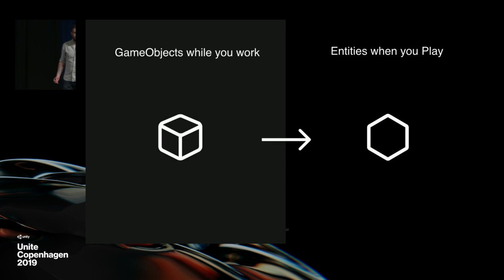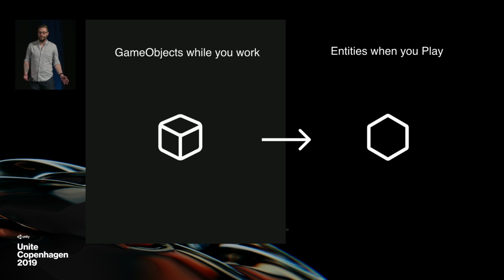So at a high level, conversion is what lets you continue to work with game objects in the editor. It means that you create your game the way you always have, using the classic Unity features you always have. And when the game plays, i.e. when you hit play or when you make a build and your player actually runs the game, we'll handle the process of converting it all so that it makes it easier for the computer to process.